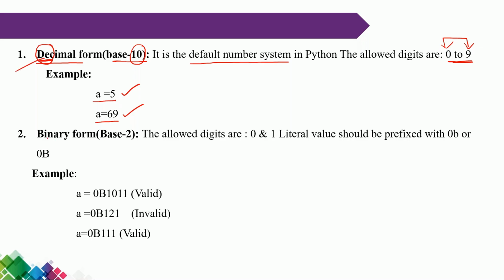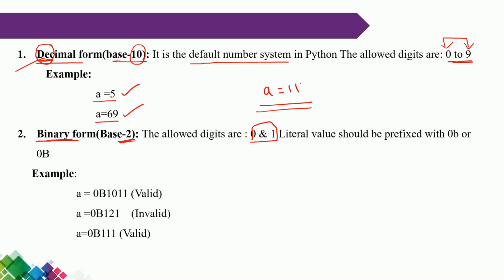But coming to binary. What is meant by binary? Binary means base 2. What are the possible digits? 0 and 1 only. That means we have two digits, 0 and 1. For example, A is equal to 11.